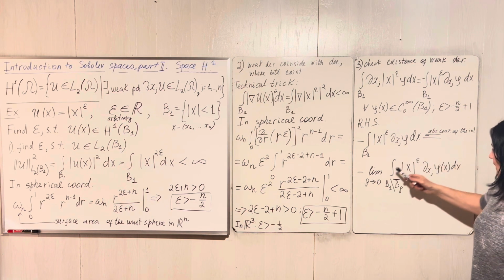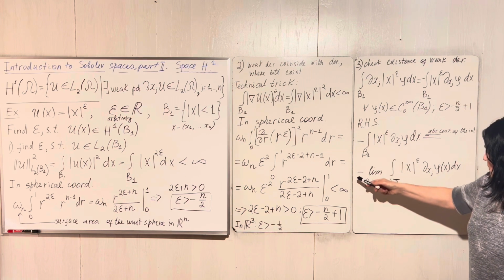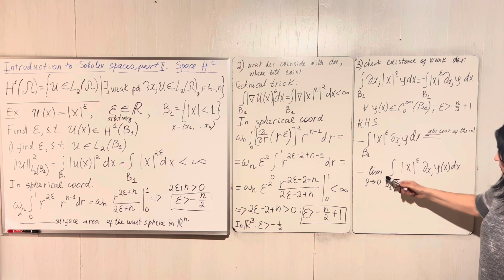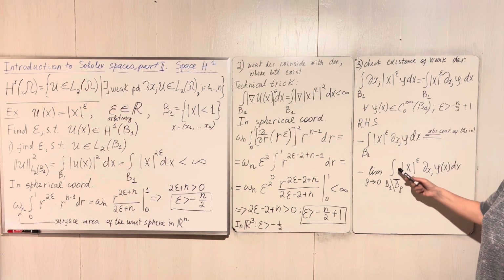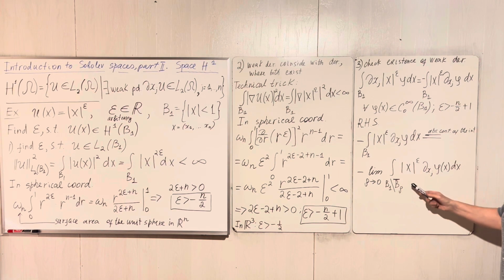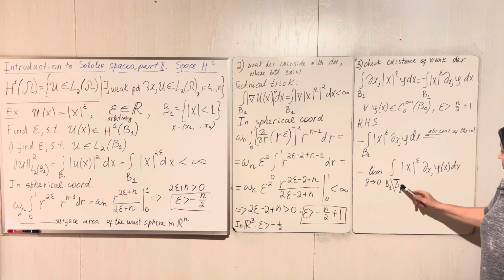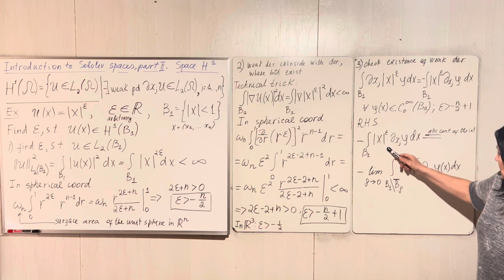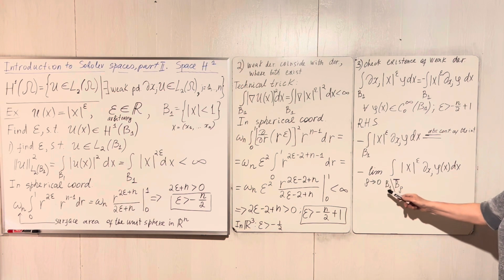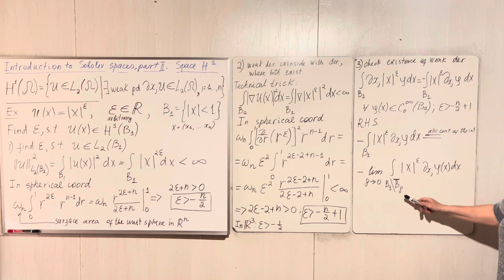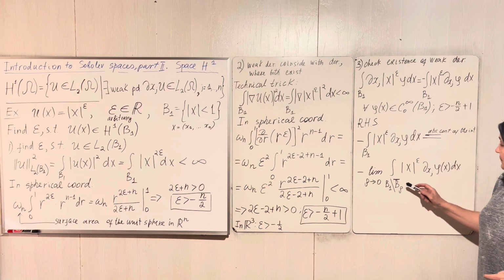we can write that it's equal to minus the limit. And so what is the problematic point? The problematic point is the origin. So we cut the origin out. We will consider a limit when rho goes to 0, and we take our b1 and cut out b rho, a small ball.